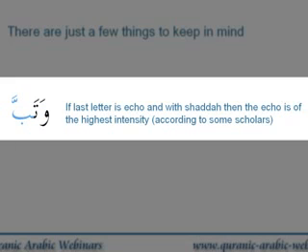We covered this in the lesson about the echo or qalqala letters. So instead of reading this as watab, this would be slightly more intense. It would be watabb. Okay, and that's to help us remember or to know that there was a shadda on that last letter that became an echo letter.